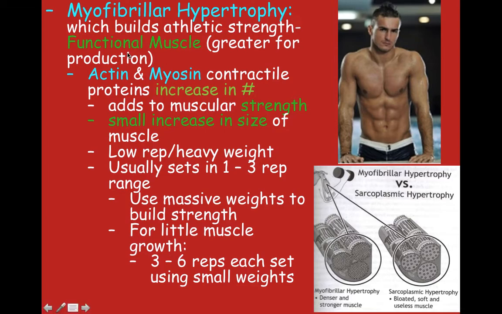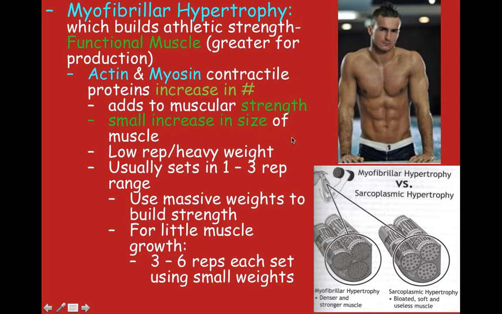We have one more, myofibrillar hypertrophy, which builds athletic strength, functional muscle, which is greater for force production. Actin and myosin, contractile proteins, increase in number. That means that's the number of little proteins inside there doing the contraction, which is a very good deal, which adds to muscular strength.